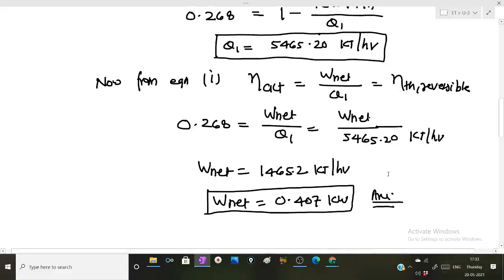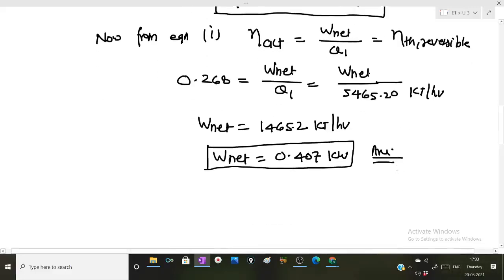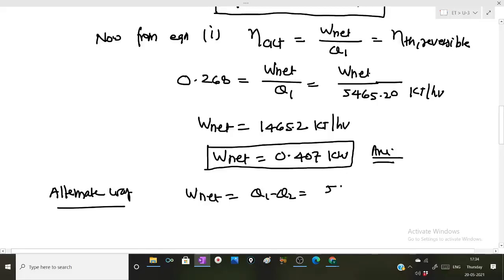There is another way to calculate the W net, an alternate way. W net is nothing but Q1 minus Q2. Q1 is 5465.2 and Q2 is 4000.